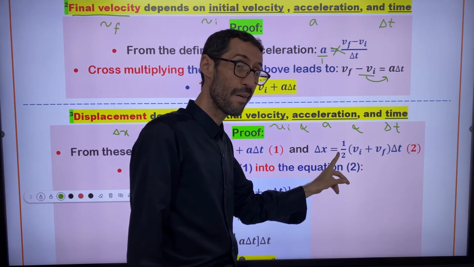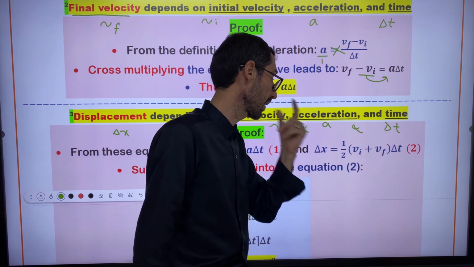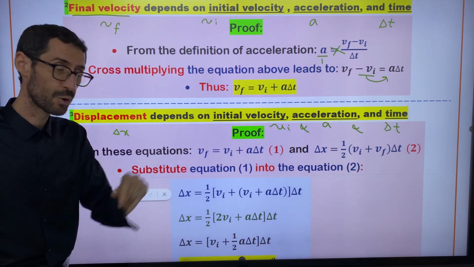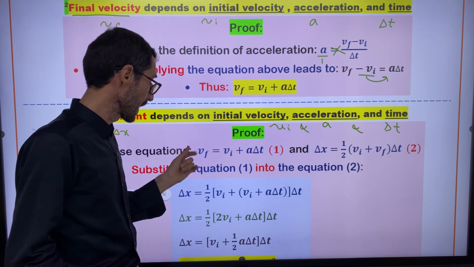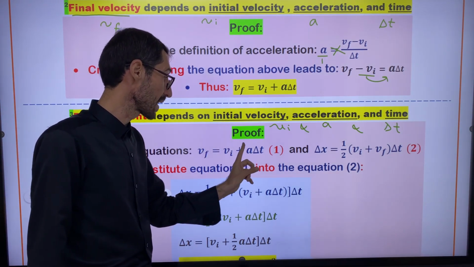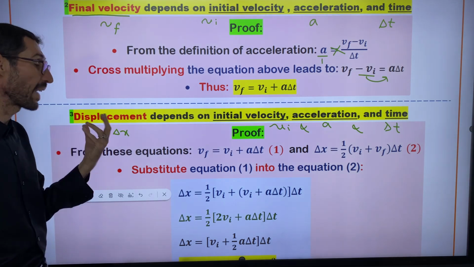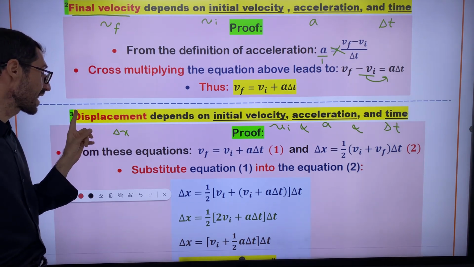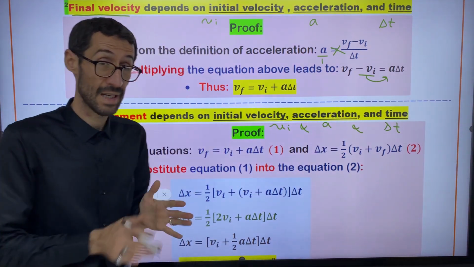Equation number two is the first law that we proved in previous lessons. Delta x is equal to 1/2 bracket vi plus vf within the bracket, delta t. So you are familiar with these rules, number one and number two. Substitute equation number one into equation number two. Substitute v final is equal to v initial plus a delta t in equation number two, because we don't need final velocity. The text says displacement depends on initial velocity, acceleration, and time without final velocity.